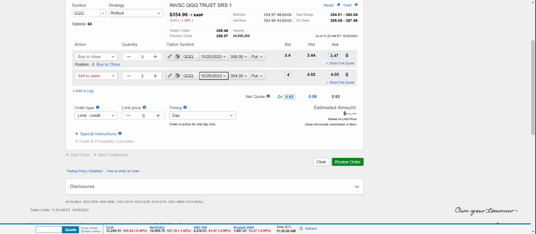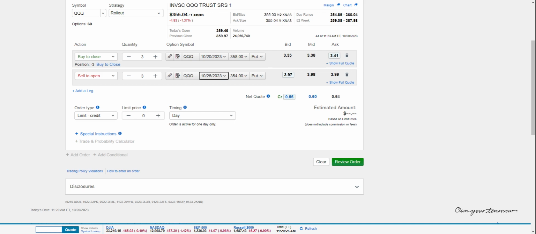Okay, so we go out to the 26th, which is next Thursday. If I go out to next Thursday and I sell this, I have a net credit. So in theory, I would come out ahead. If this stayed where it is, I would come out ahead. But of course, we'll see what happens between now and then. This is essentially like kicking the can down the road. So you're kind of buying yourself more time.